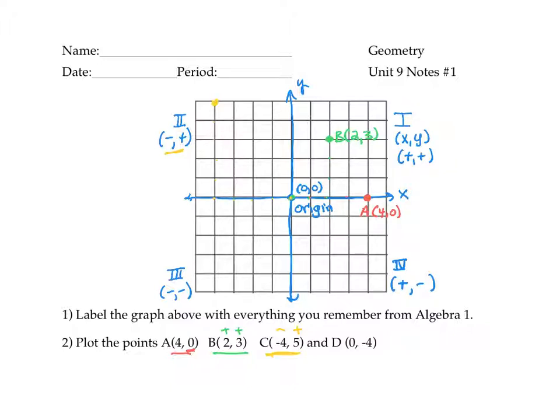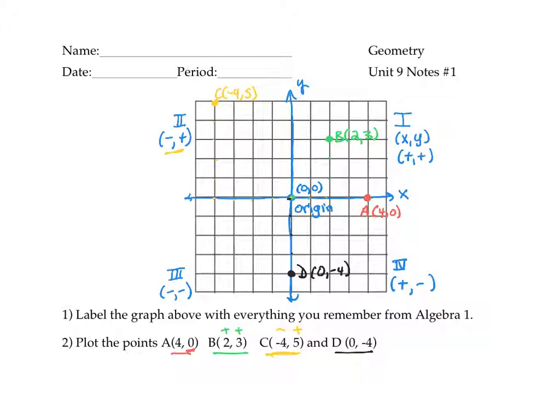So way up here is point C with coordinates negative 4, positive 5. Finally, our last point, point D, is at 0, negative 4. So that means that while we start at the origin, we don't go left or right at all. We just go down 4 units. So there's point D. Again, 0, negative 4.